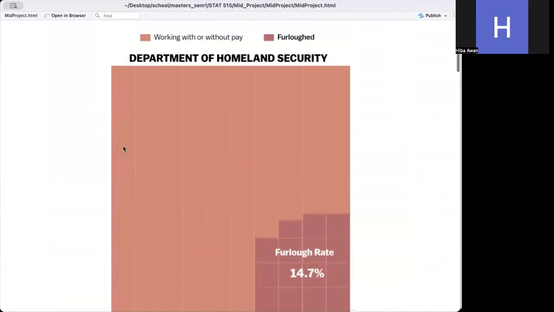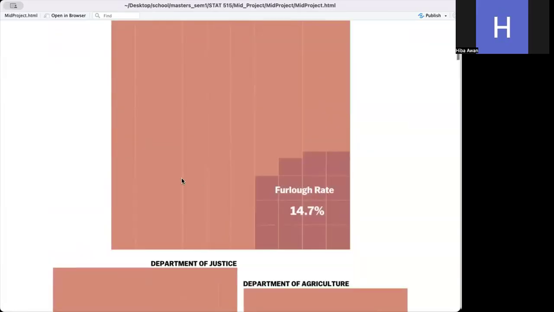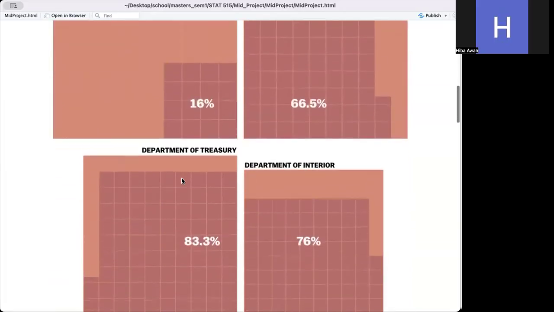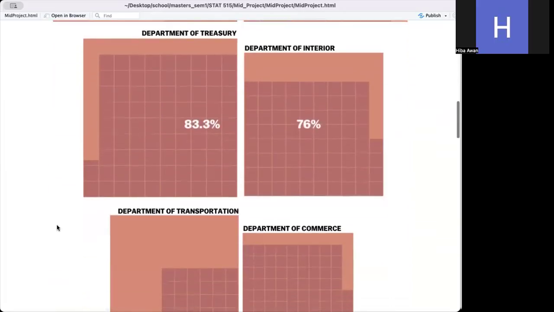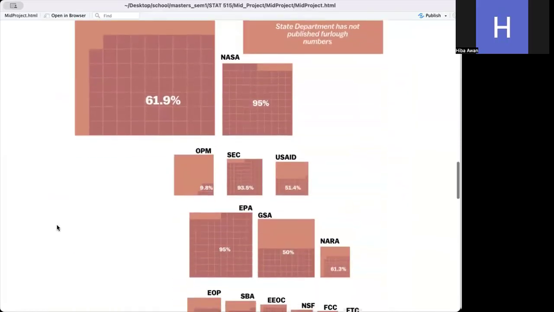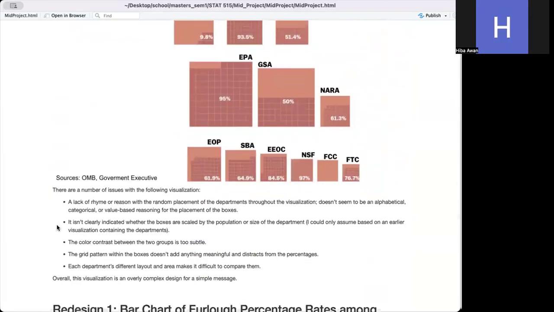There was a previous visualization within the article that mentioned that the scale of each of the departments was based on the size of the actual department, but there was no indication anywhere on this one. So I kind of assumed, but it can be considered an issue because it isn't really mentioned.